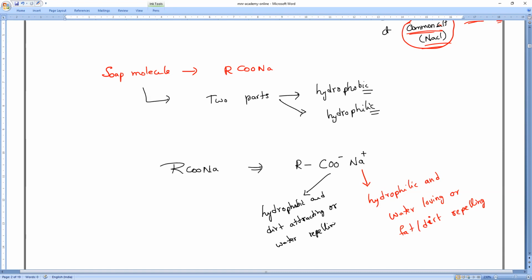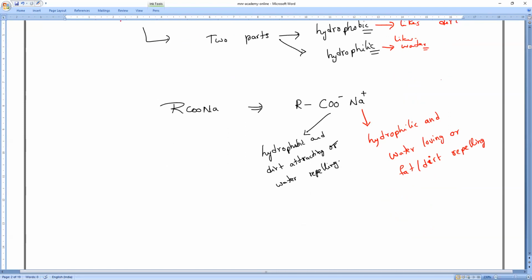So 2 important points you have to learn. Hydrophobic likes what, dirt or water? Hydrophobic likes dirt, so it will combine with the dirt. Hydrophilic likes water, so it will combine with the water. That is the conclusion you have to remember.